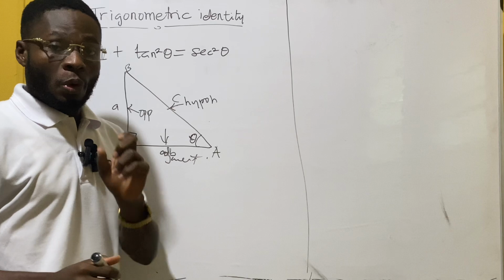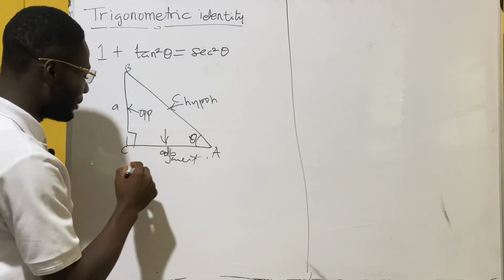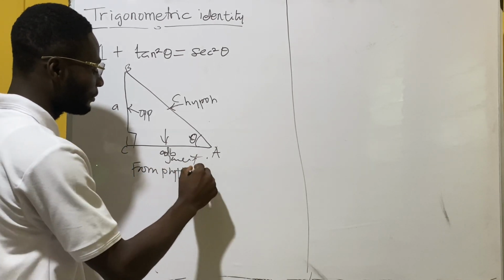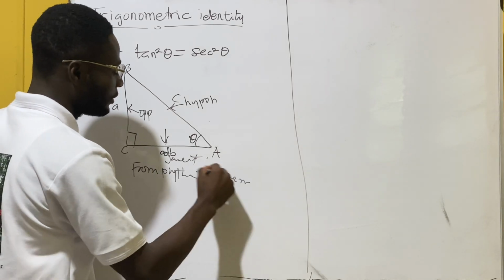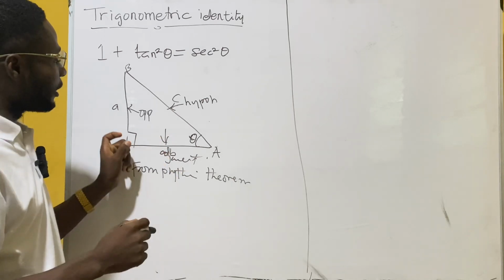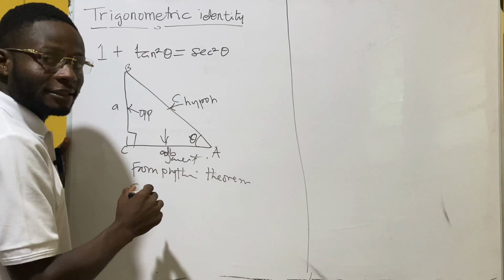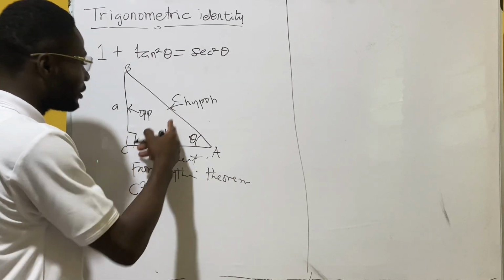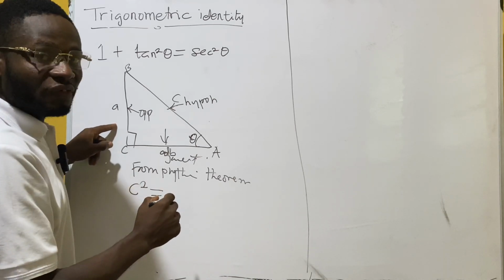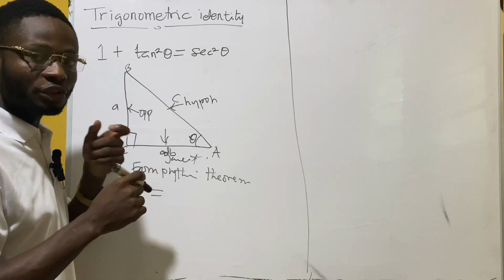You know that from Pythagoras theorem, if you want to find one side of a right angle triangle, then the square of the longest side, which is c squared, equals the sum of the squares of each of the two sides.